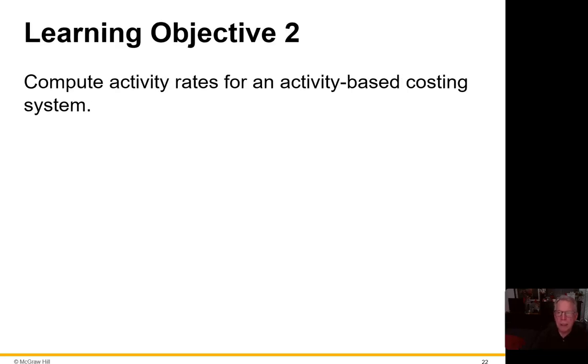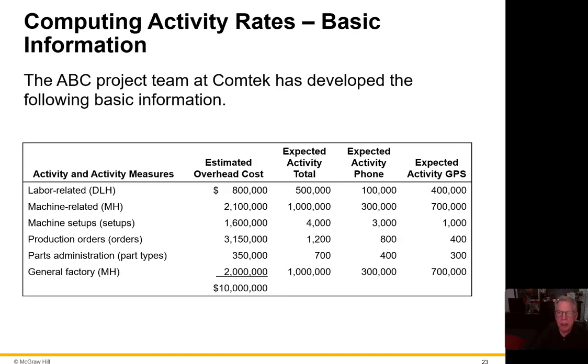Okay, now we'll take a look at computing activity rates for an activity-based costing system. Here, the ABC project team at Comtech developed the following basic information. And they've broken this $10 million of total overhead into its relative cost pools.